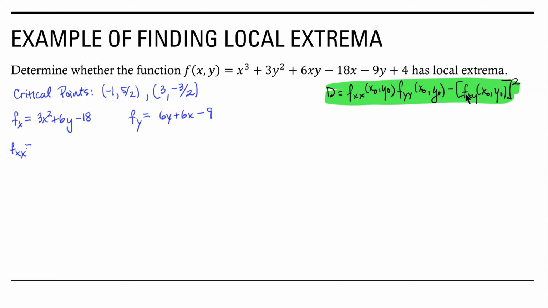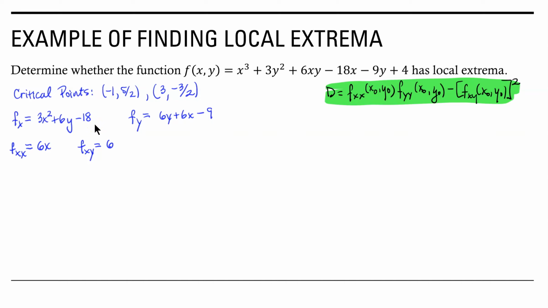Now the second partial derivative with respect to x both times of f is going to be 6x from the first term and 0 for the remaining two terms. We also need the partial of f with respect to x first, then y. If I do that, I'll have 0 + 6 + 0, so this is simply 6.